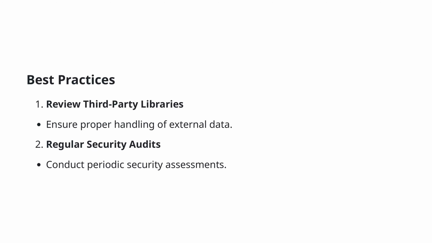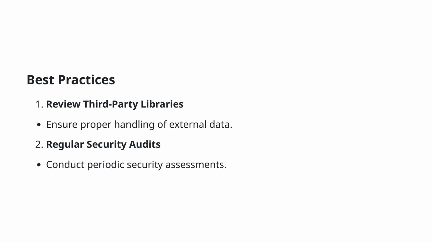When it comes to best practices for SSRF prevention, there are a few key actions you should take to secure your web applications. First, it's important to review third-party libraries to ensure they properly handle external data. Libraries can sometimes be a source of vulnerabilities, so thorough review and selection are crucial for minimizing risks.